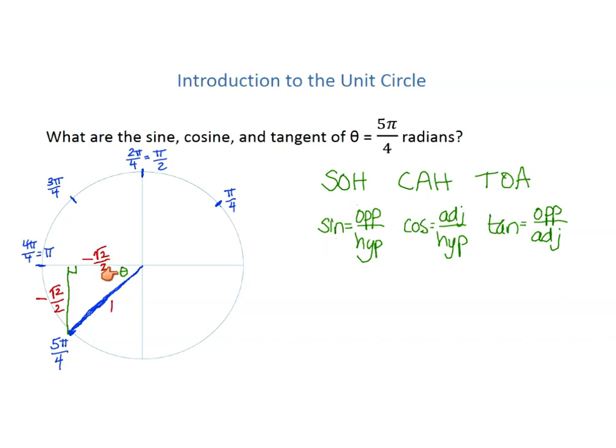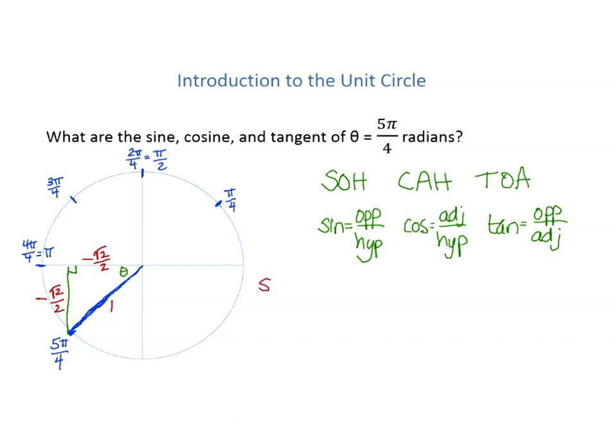Now, this is negative in the quadrant that we're in because we had to go down, and this is also negative, right? So let's do sine first. Sine is opposite over hypotenuse. So from this angle, this would be my opposite, and this would be my hypotenuse. So I would do this over this, and putting anything over 1 just means that it would be that number, right?